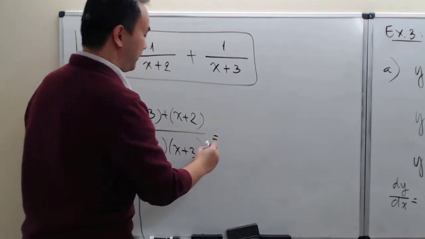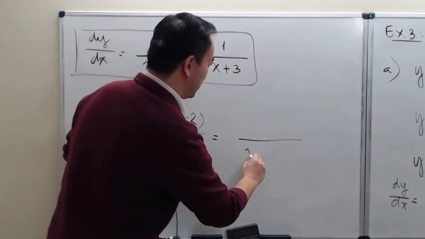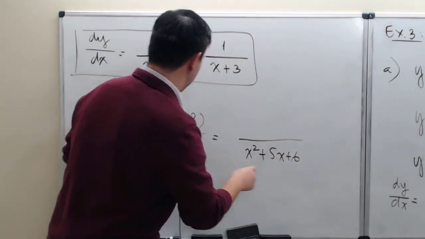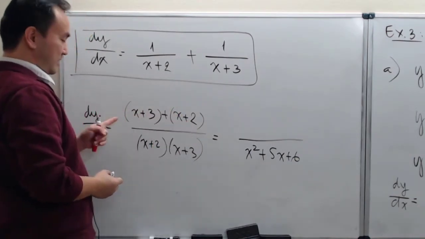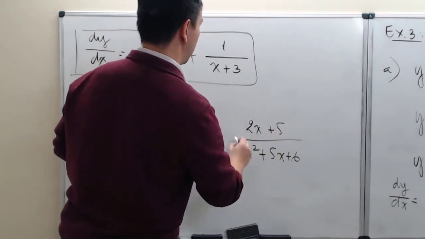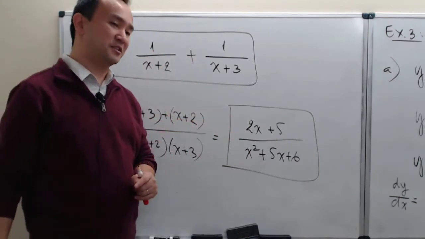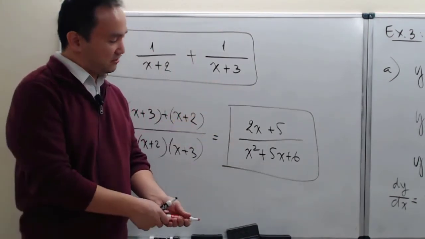And so now in our final expression, foiling out x plus 2 times x plus 3 gives x squared plus 5x plus 6. And now taking away the parentheses gives me 2x plus 5. And this is exactly the form that we have seen as the final answer for the same problem when we solved it in our earlier example.